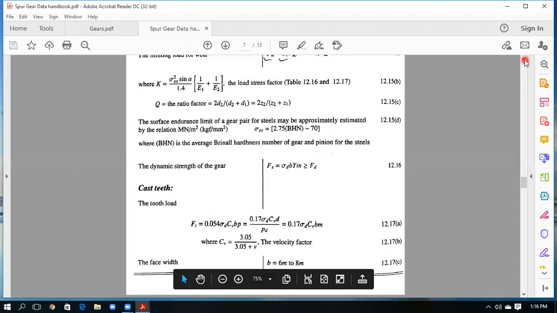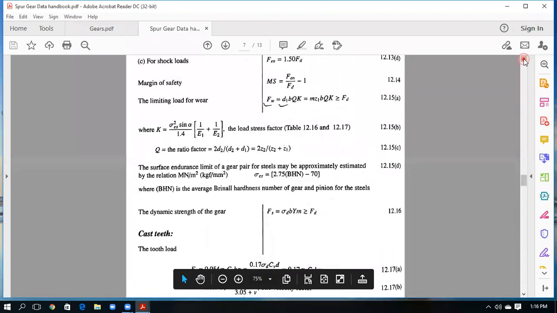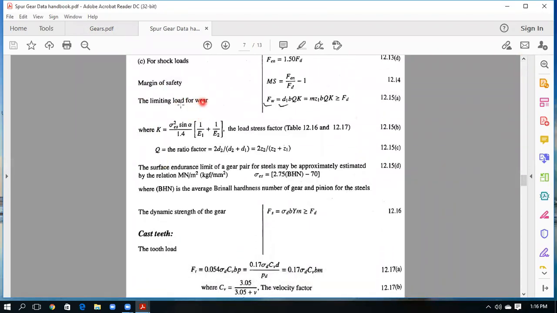The wear load, FW, is equal to D1 B Q into K, where K is calculated using this formula. And Q is nothing but the ratio factor, and he has given the formula. Either you can use this formula or this, using equation 12.15c, either the first one or the second one.